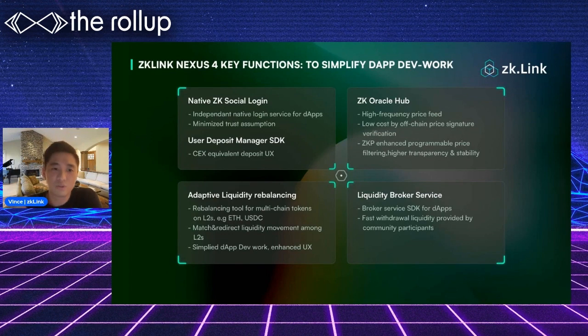So we want to develop a native ZK social login function which only has one trust assumption, which is the social account. We also provide a user deposit manager SDK to the app builders, so they can enable a deposit function that matches exactly the same user experience of a CEX, which means it's end to end.